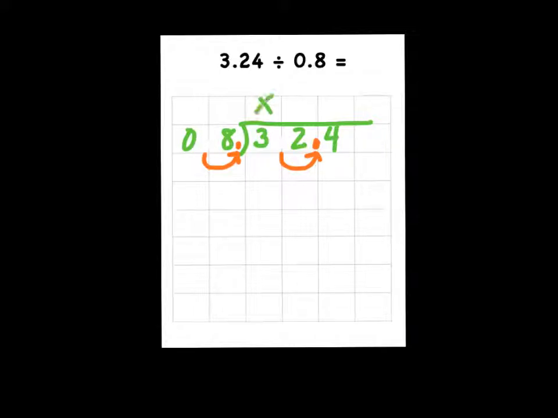3 does not, you can't take any groups of 8 out of 3, so I put an X. 8 goes into 32 4 times. 4 times 8 is 32. Then I subtract and I get 0. I can bring down my 4. I can't get any groups of 8 out of 4, so I have to put a 0 here.